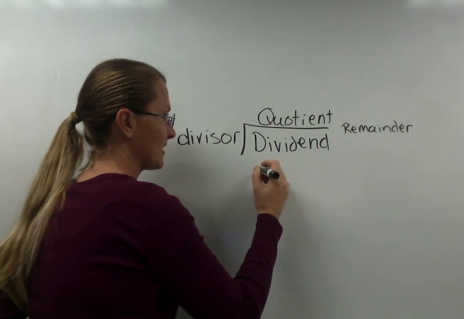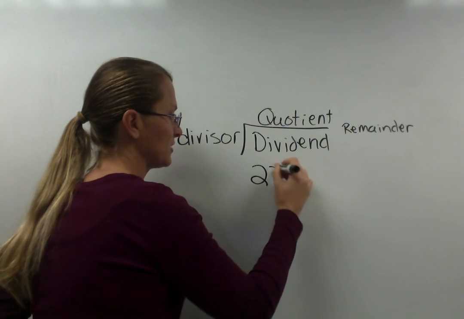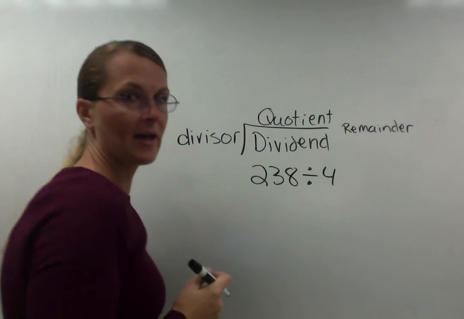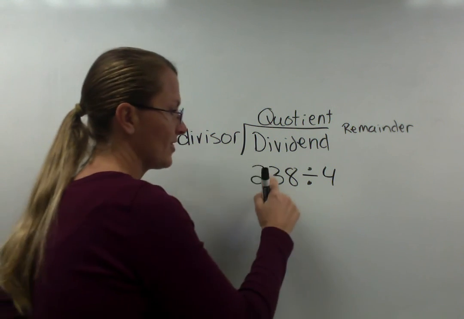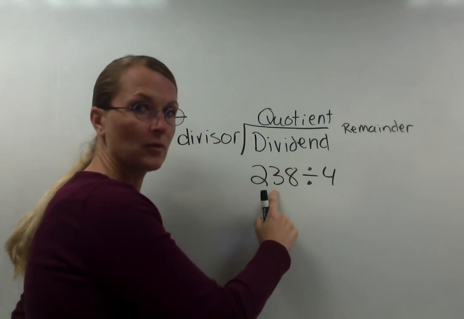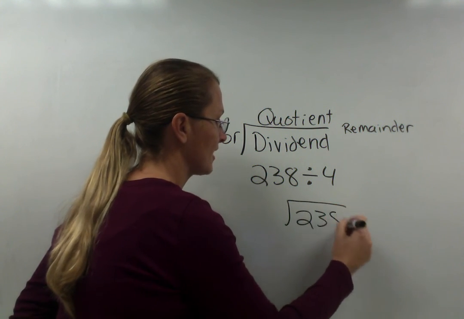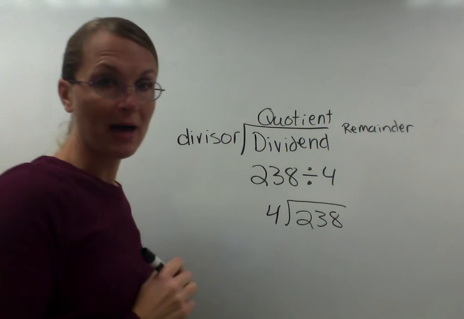So if you were to say a number like this, you just say 238 divided by 4. That's how you would say that. Whatever the first number is, that's the number that goes inside the box.